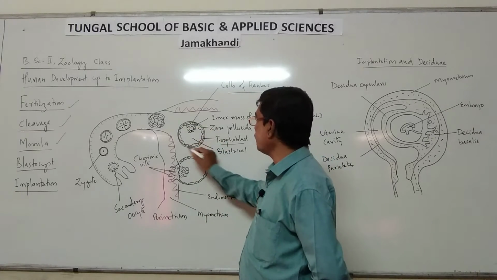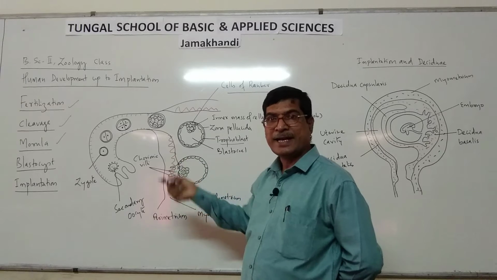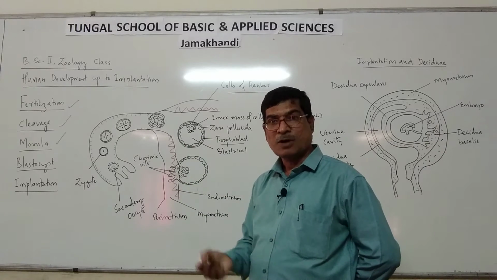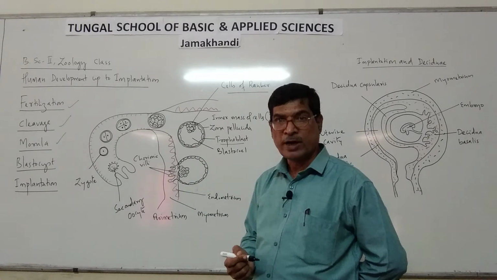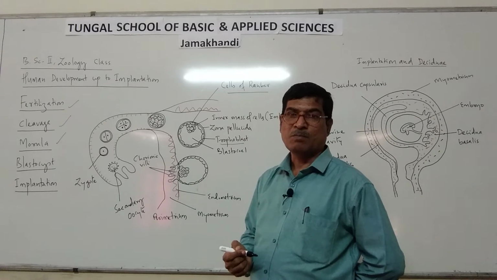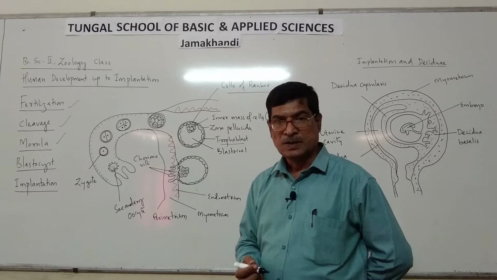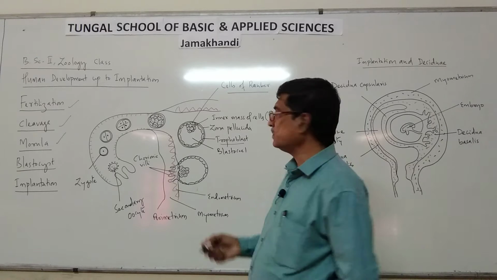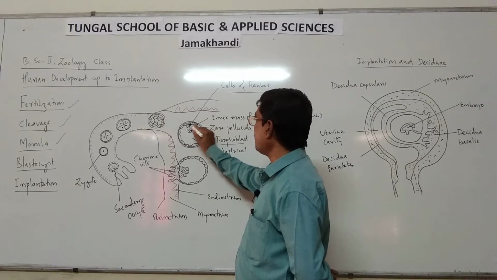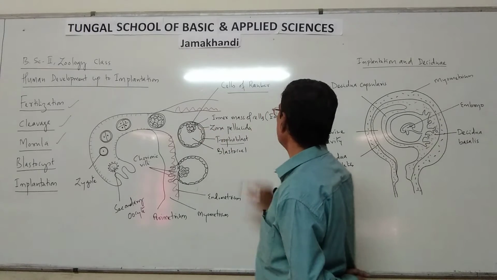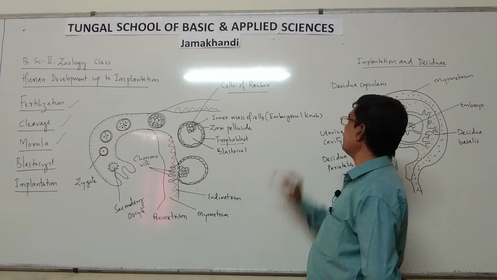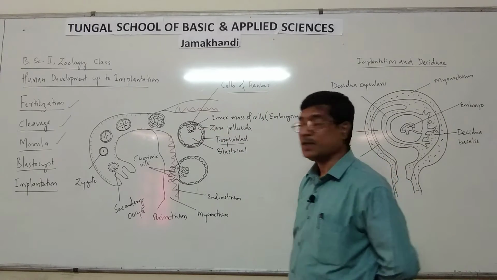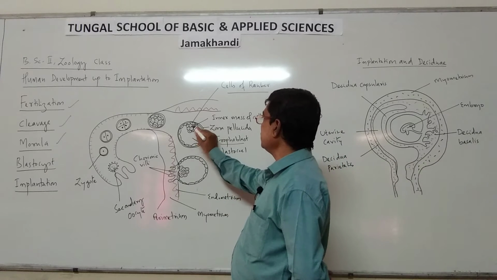The surrounding trophoblast is not taking part in formation of the embryonic body, but it helps in formation of extra-embryonic membranes like chorion and amnion. Okay? So this part is called the inner cell mass or embryonal knob.